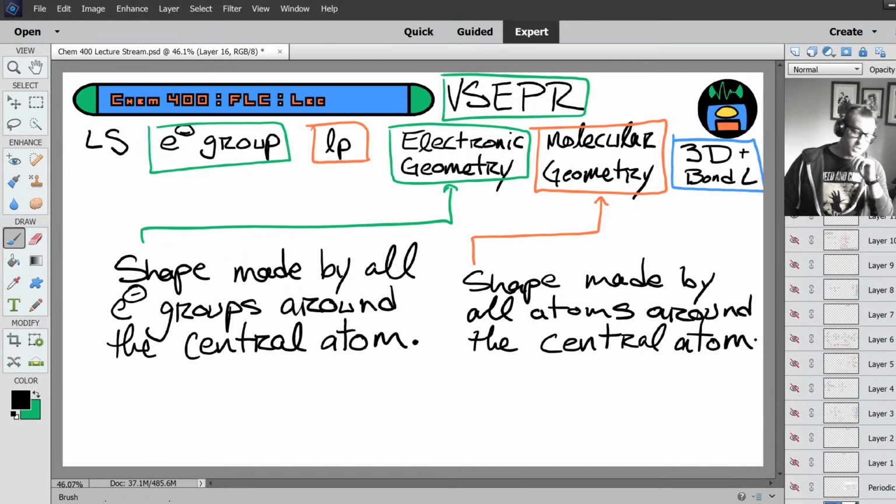So the electronic geometry is the shape that all electron groups make. Molecular geometry is just the shape of the atoms. And then the three-dimensional representation and bond angle, we'll talk about those when we get to them.